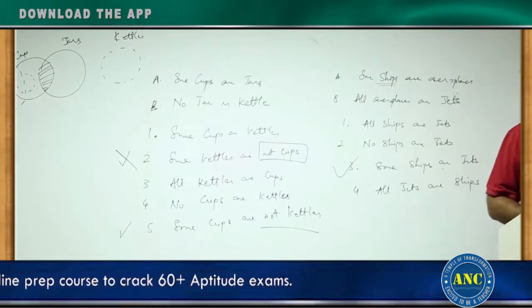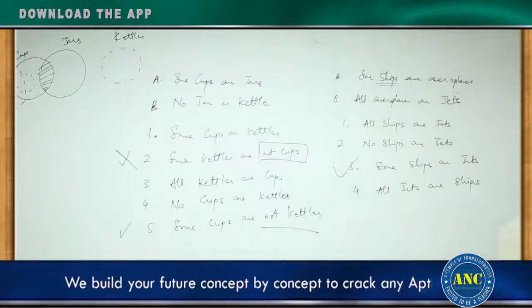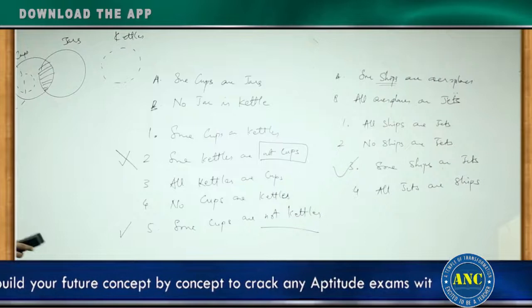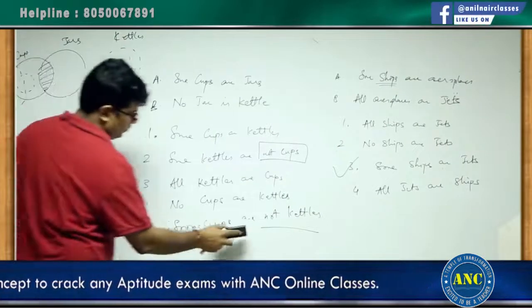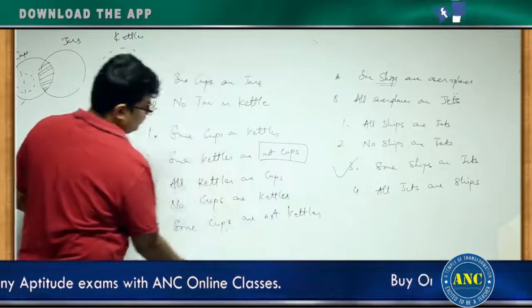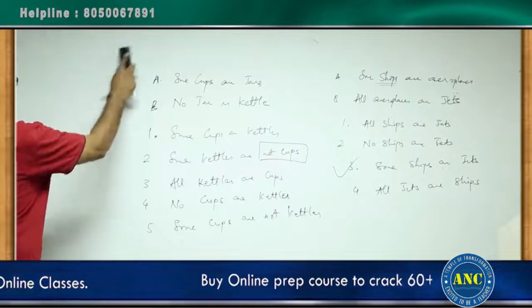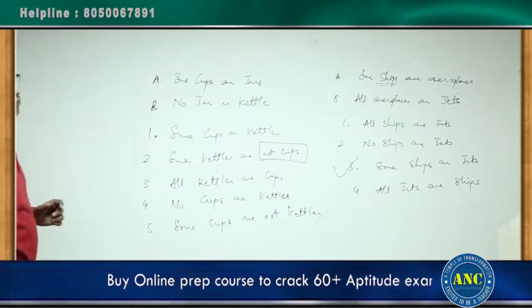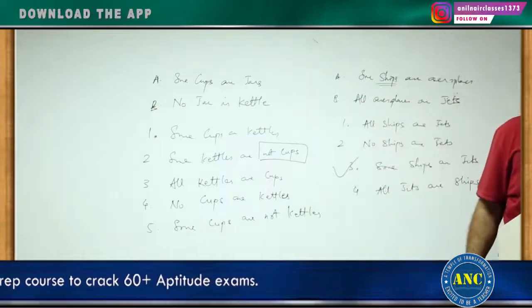Rule 4. If one of the premise is negative, inference has to be negative. If one of the premise is negative, inference has to be negative.